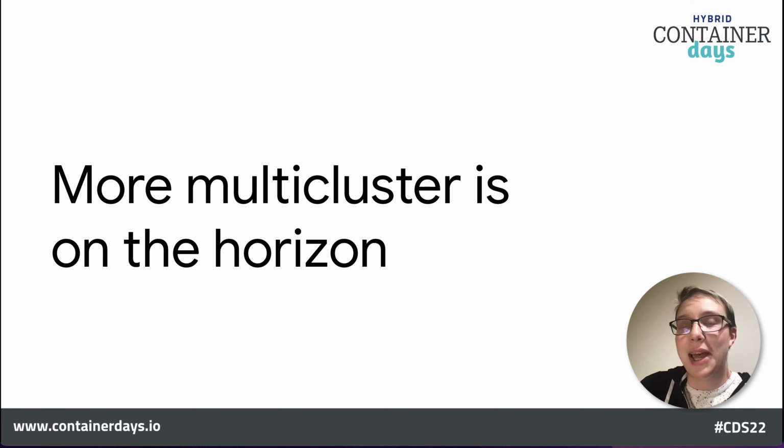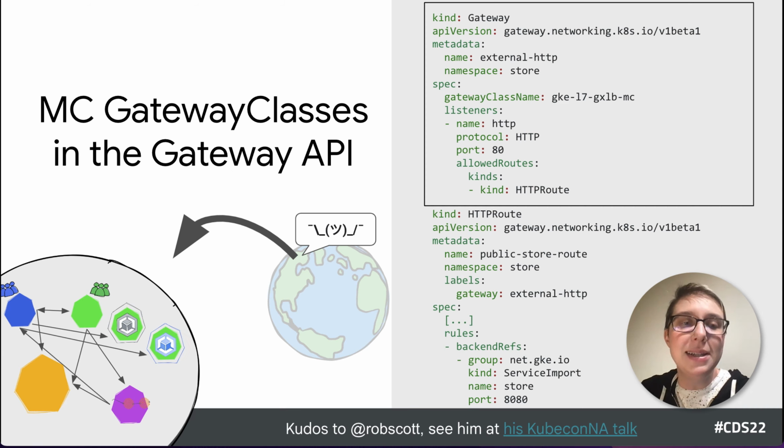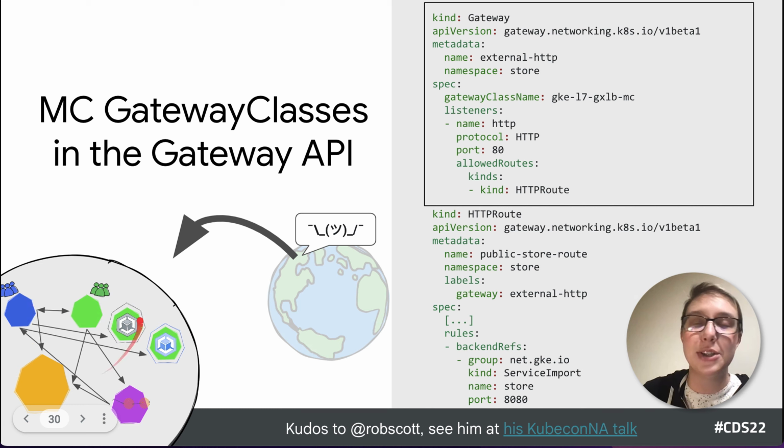All right, in my last few minutes here, I do want to talk about more multi-cluster on the horizon. So one thing that is an issue, let me direct everybody's attention down here into this little corner. If we have this universe over here, our cluster set, this is all fine and dandy.